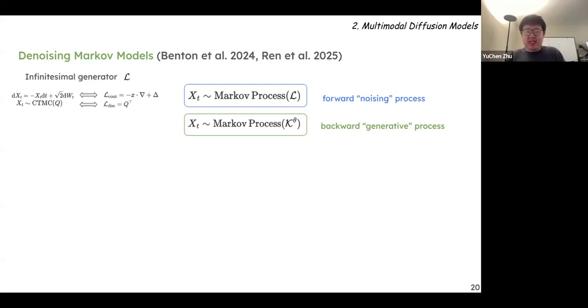To make this idea more concrete, we can look at some examples of this infinitesimal generator. This infinitesimal generator almost exactly characterizes the evolution of all the properties of this different kind of stochastic dynamics.